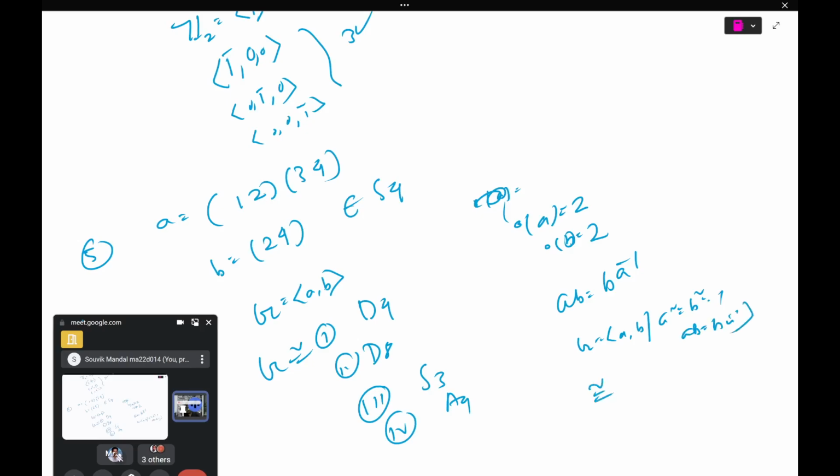That's why G is isomorphic. It's the same presentation as the dihedral group. That's why it is isomorphic to the dihedral group. That's the argument.